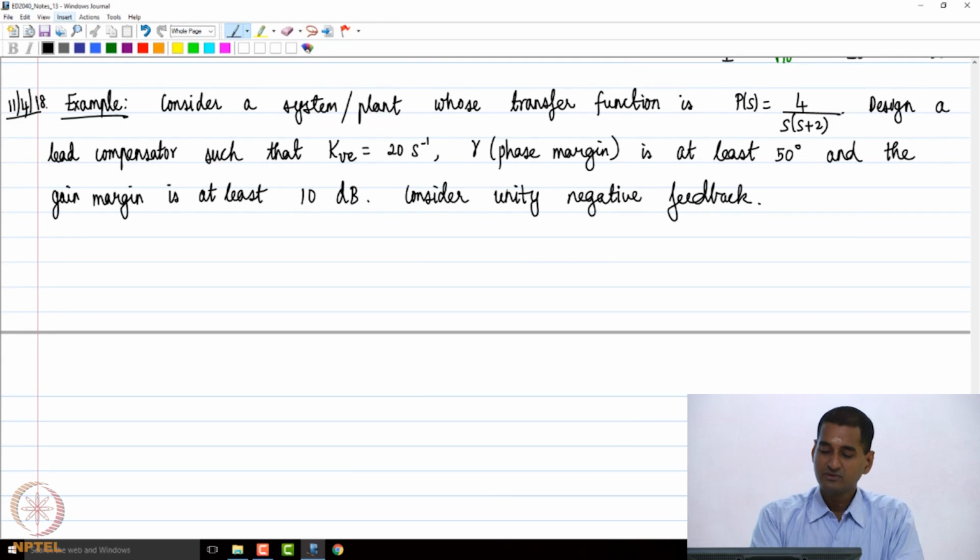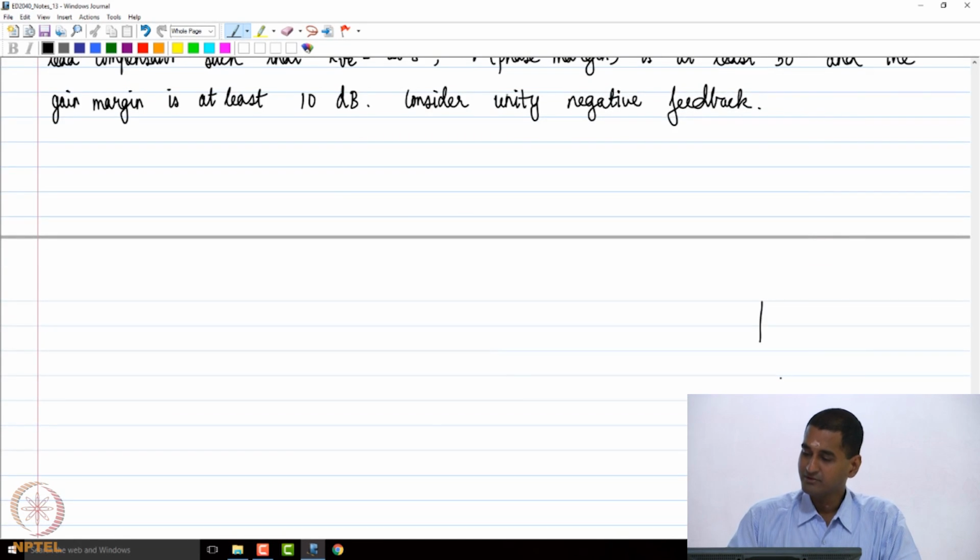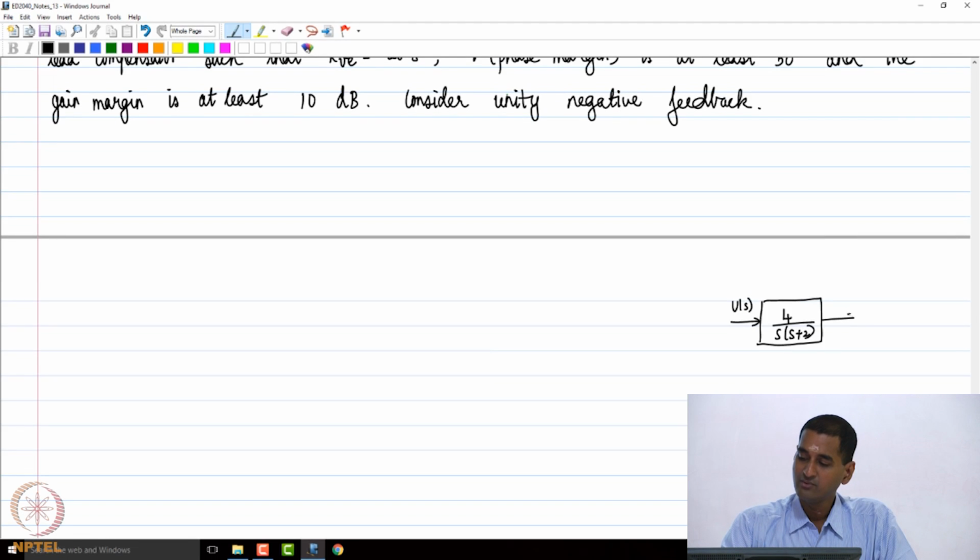Now, in order to get started, please remember that this is our basic feedback diagram. Let me draw it here. The plant transfer function is 4 divided by S times S plus 2. This is U of S and we get Y of S out of it. We want to design a unity negative feedback system.